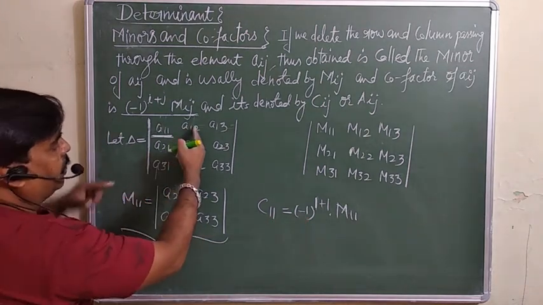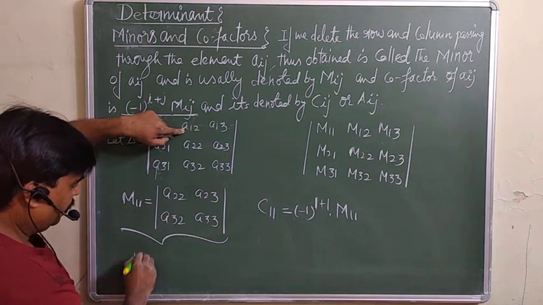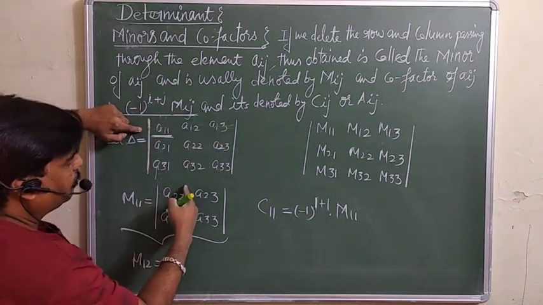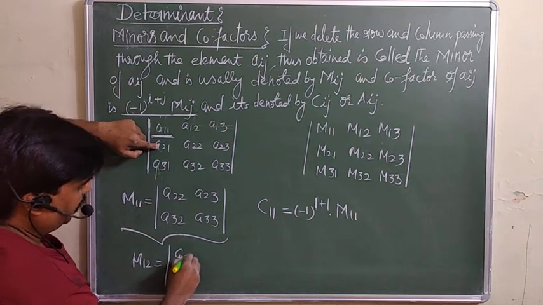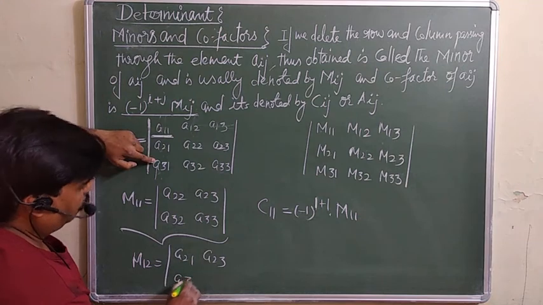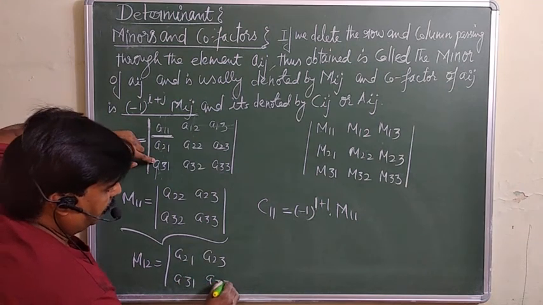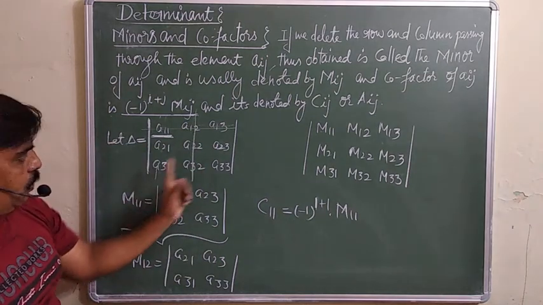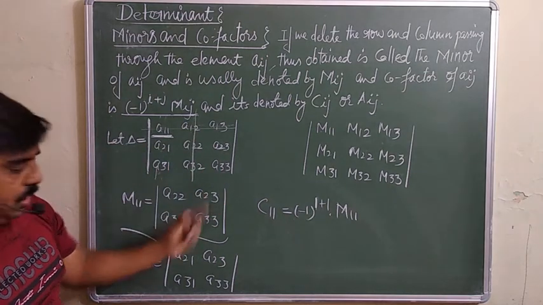Suppose you want to write the minor of the element 1, 2. This row and this column you will delete. You will get A21, A23, A31, A33. So this is your minor.